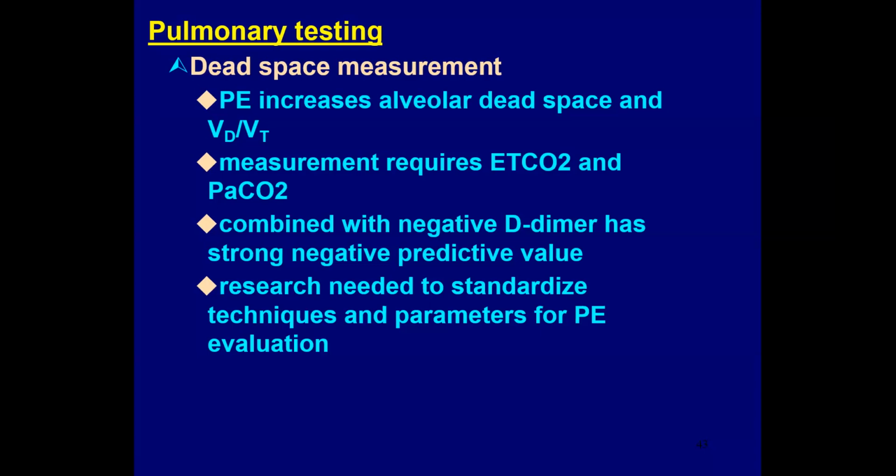The VD to VT ratio has a strong negative predictive value. However, research is needed to standardize the techniques and the parameters of using VD to VT for PE evaluation. This is good stuff, guys.